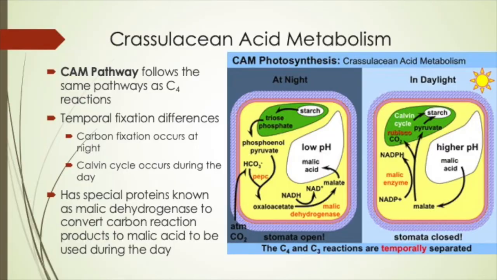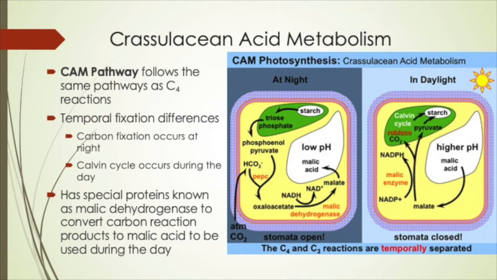But more ATP is required in order to do that because they have to pull it out of that malic acid, basically convert that malic acid back into CO2. C4 plants include crabgrass, corn, sugarcane, things that are grass-type plants. These are C4 plants.